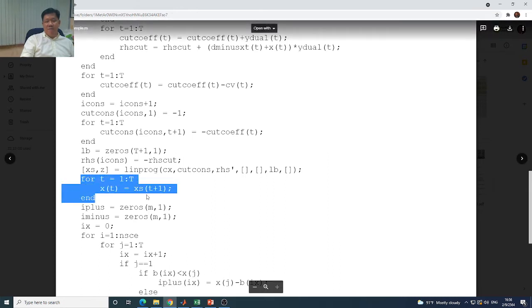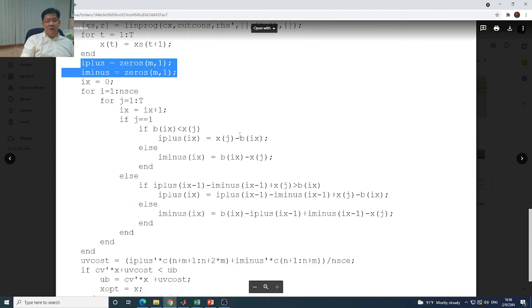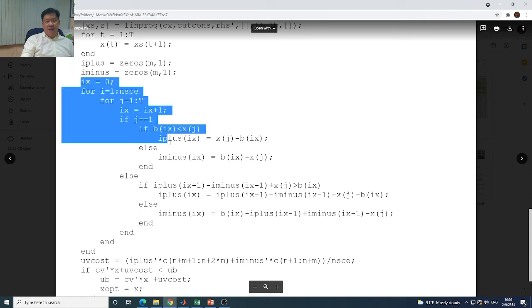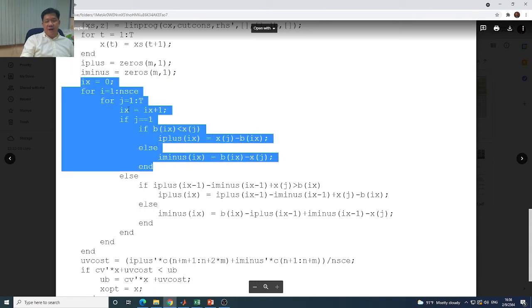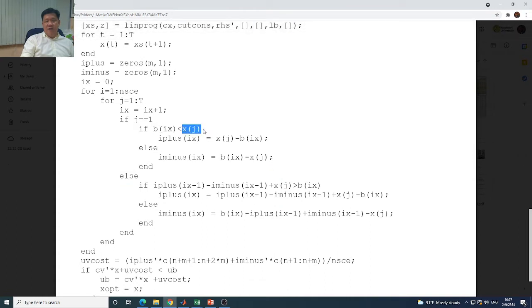This is to refer back to x, and now we are going to compute I plus and I minus here. This is the most time consuming and probably the bottleneck for each scenario. We are going to check the left hand side when j equals 1, which means the first period. If it is not the first period, you need to consider the I plus and I minus from the previous period.